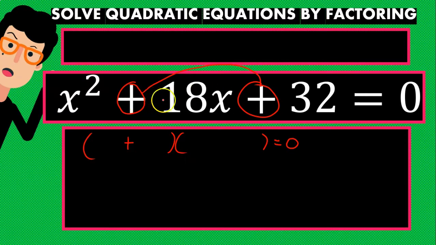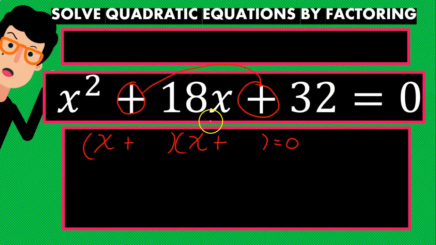So plus times plus, the multiplication of two positives, is going to be positive, right? And now be careful, guys. Here we have x to the power of 2. So that means that we're going to have x on the first one and x on the second one, because when we multiply x times x, that is going to be x to the power of 2.